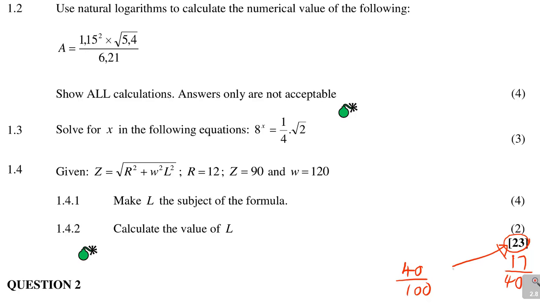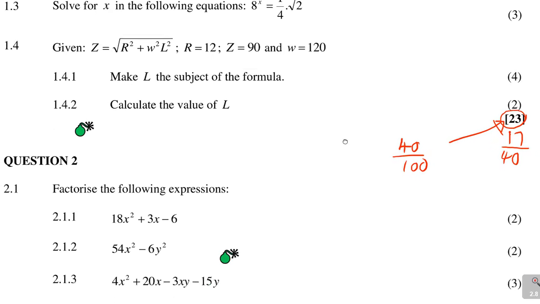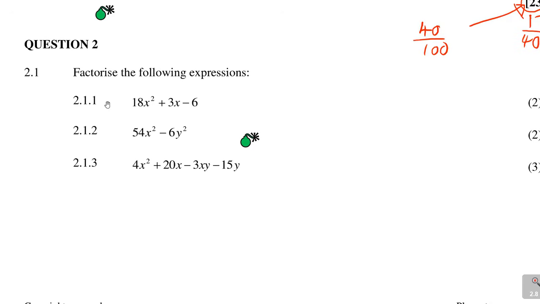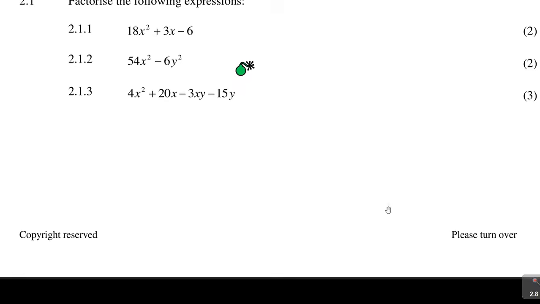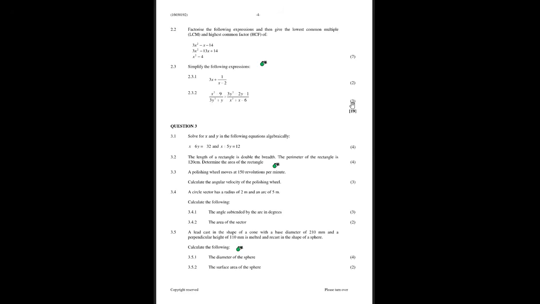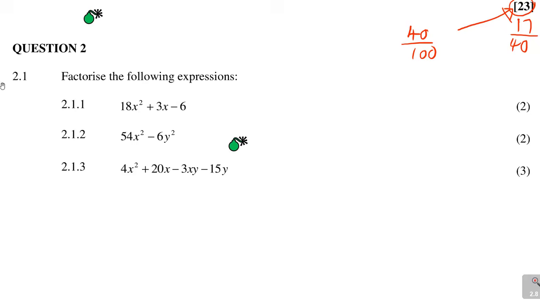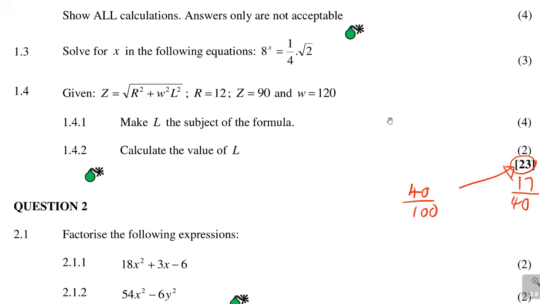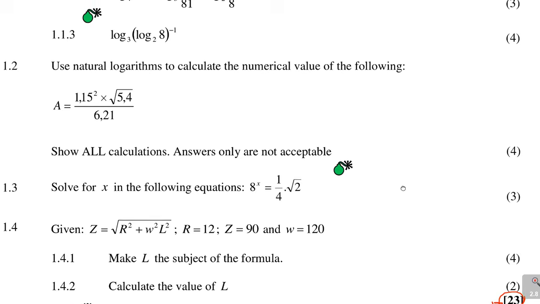So just think about it and see that this section of algebra carries good marks. Not only is it on question number 1, it actually continues to question number 2. If you can do it well again in question number 2, the total mark allocation of question number 2 is 19 marks. So if you do question number 1 and question number 2, automatically you have passed your exam. So it is very important for you to understand your algebra.